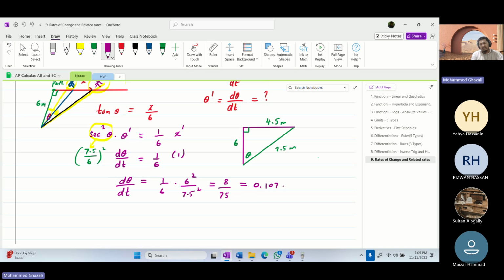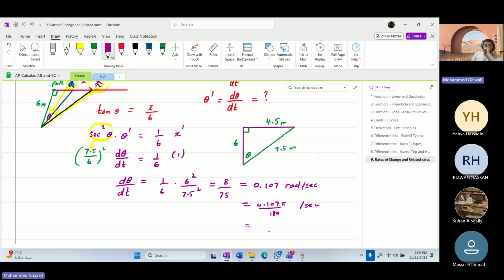Radians per second. Convert this to degrees. So 0.107 times pi over 180. I got 1.86 times 10 to the power of -3.